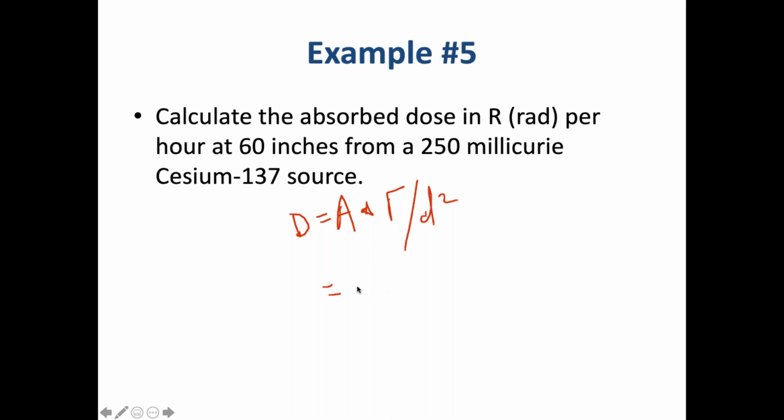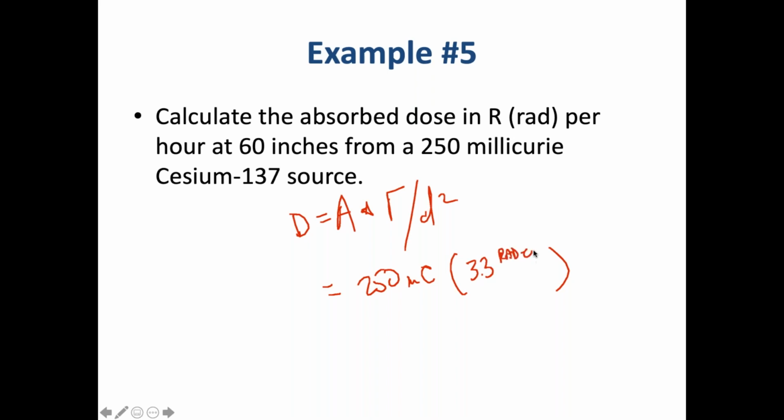The activity is 250 millicuries, times the gamma ray constant. The gamma ray constant for cesium-137 is 3.3.